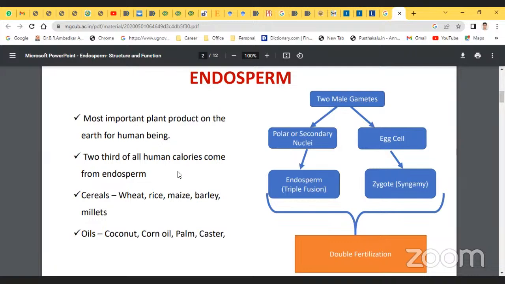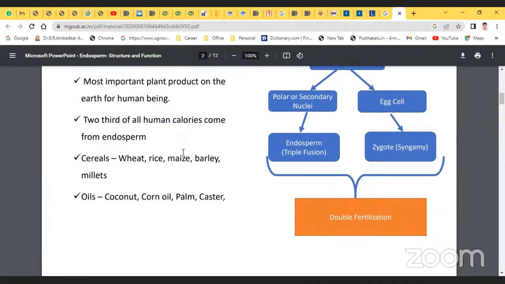The most important plant product on earth for human beings: two thirds of all human calories come from the endosperm, like cereals, wheat, rice, maize, barley, millets, and some oils, coconut, palm oil and castor oil.